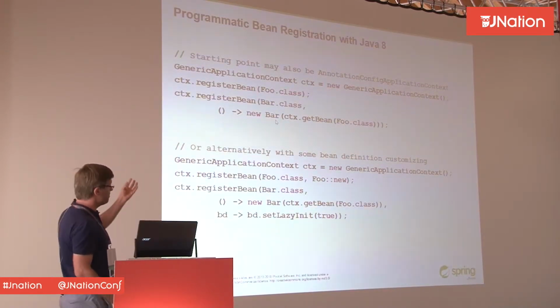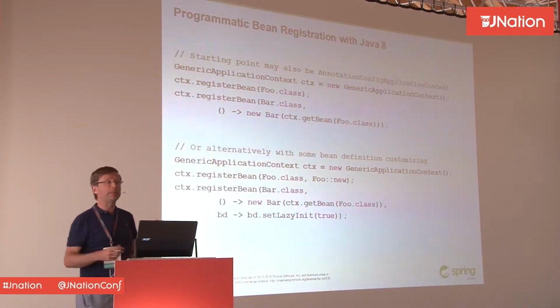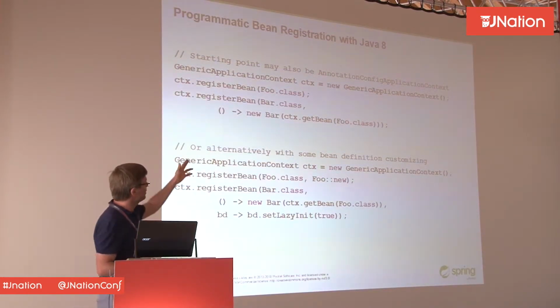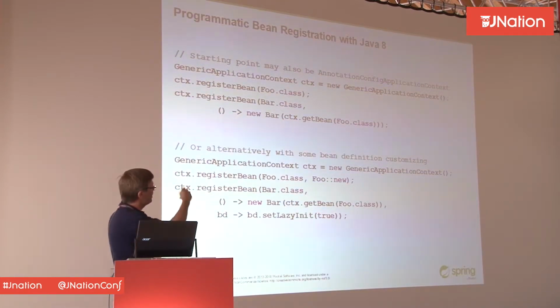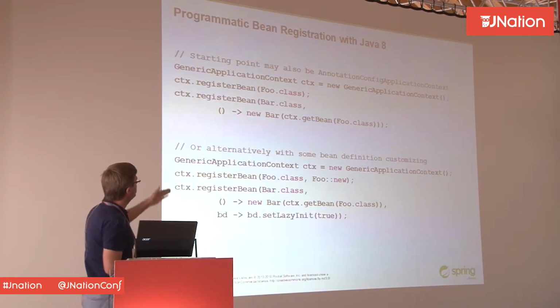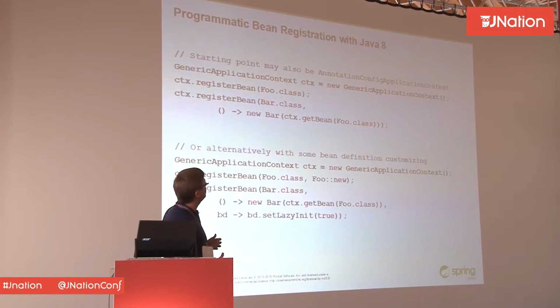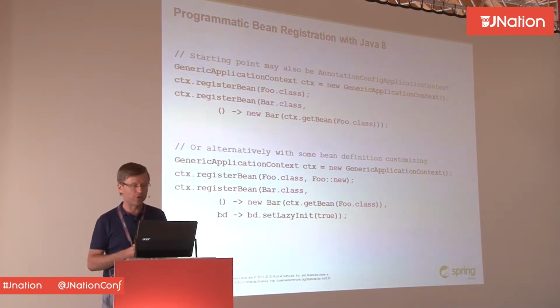But it's not a factory method, it's a sort of factory function. We actually call it an instance supplier, because technically this is a java.util.function.Supplier. Every time the container decides to create a new instance of this bean, it's going to call this instance supplier function, which is expressed through an inline lambda expression here. So this is Java 8 lambda expressions in action.